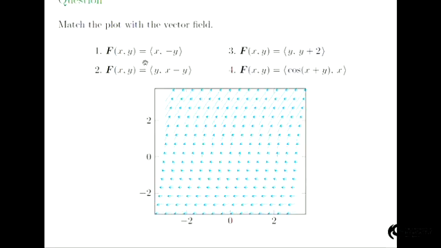Okay, but let's make ourselves feel better about this. What else can we check? Well, let's look up in this region. We see that as we move up, we're being pushed more to the right.